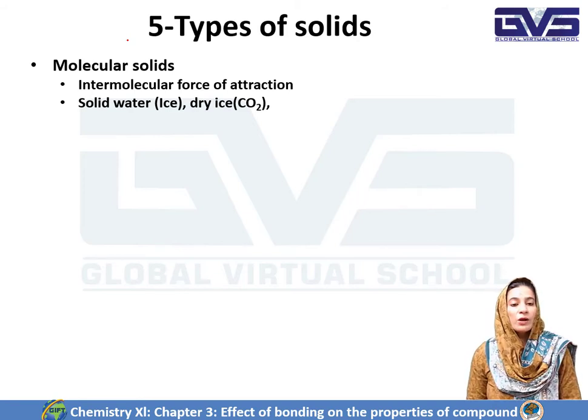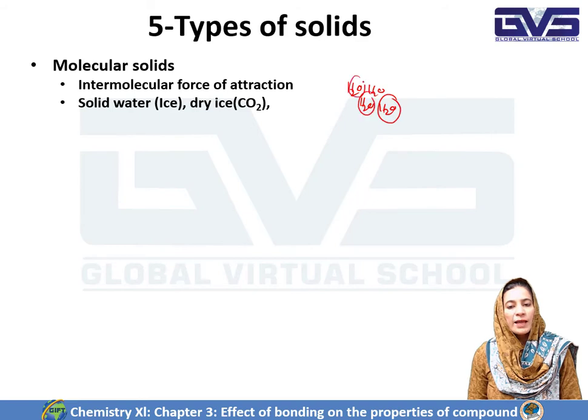We have the example of solid water. Solid water means ice. Ice is a molecular solid because in ice there are all molecules of water like this one, H2O, H2O, H2O, H2O. They are very close to each other, and in between the water molecules there is hydrogen bonding.